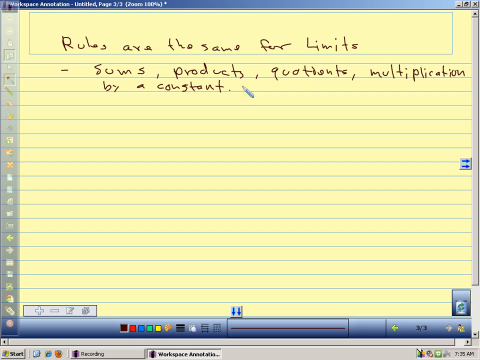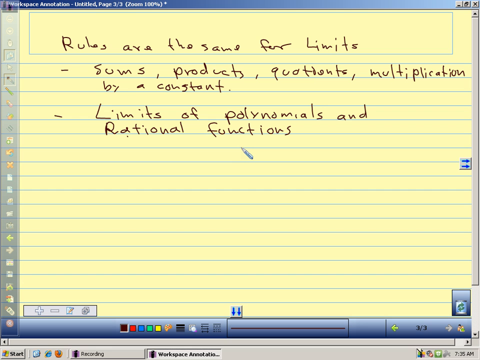One important thing to remember, a result that comes from single variable functions, is that limits of polynomials and rational functions, and we like polynomials because they behave nicely, and we like rational functions because they're ratios, they're fractions made with polynomials, we find the limit by evaluating the function at the point that we're interested in.